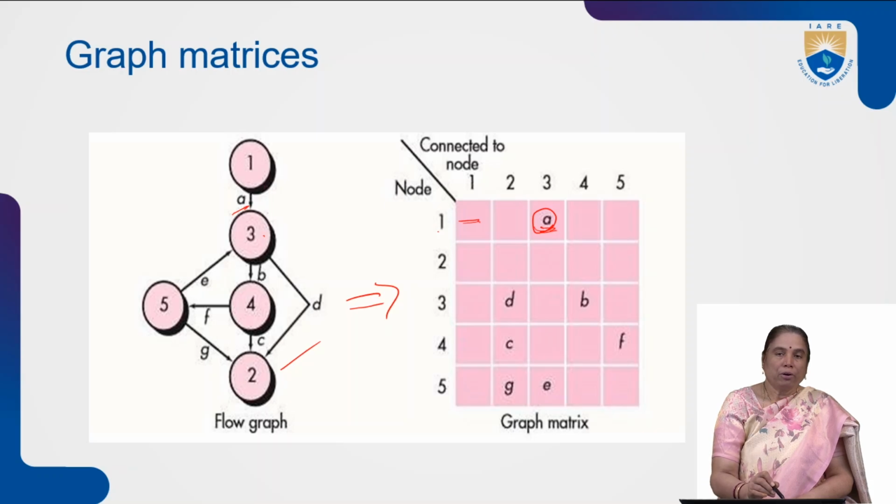So, from the control flow graph, the graph matrix must be constructed depending upon the number of nodes. If the number of nodes is n, an n by n matrix can be constructed, and if there is an edge between nodes with a weight, that weight must be represented at the intersection of row and column in the matrix.